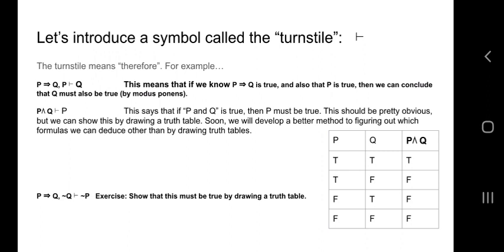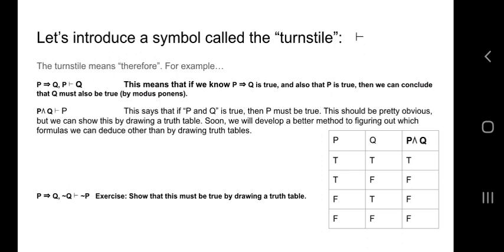Those are called turnstiles. But anyway, it always means therefore. So whenever you see a turnstile, in your head you can just say therefore. For example, based off the last slide, we can say that P implies Q and P, therefore Q.